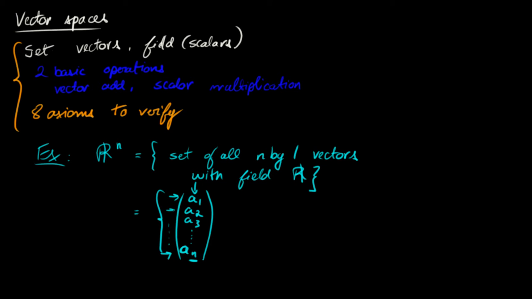It's any general vector that looks like this, such that A1 through An belong to the real numbers. So that's what we mean when we say that the field is R.